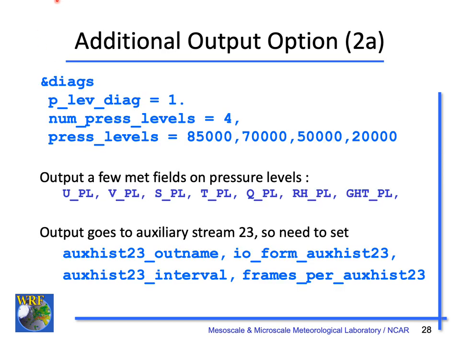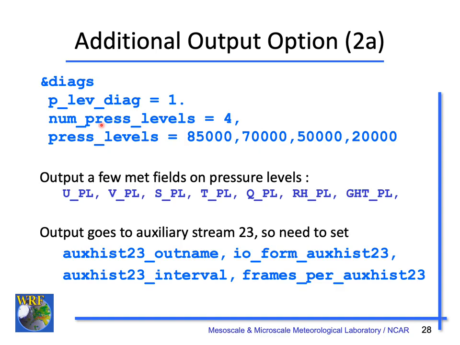The second output option is to write out a selection of model fields on constant pressure levels. The standard model output is on model levels, which are terrain following, which makes the viewing of the data complicated at times. This is activated by setting p_lev_diag equal to 1, and we can set the number of and the pressure levels themselves for output.